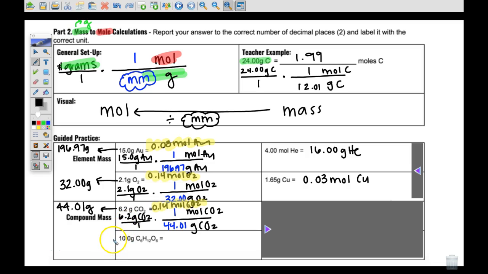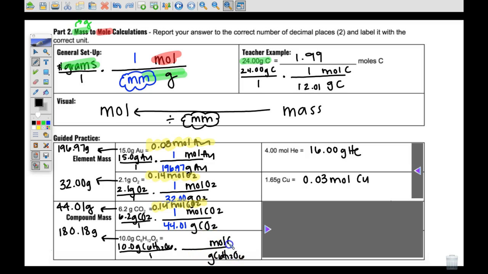We're going to do one more together. So I'm given 10.0 grams of glucose, and just like before in part 1 and in our previous notes, the molar mass of glucose is 180.18 grams per mole. So my first step in converting is to write my given over 1. My next step is to draw my line, and my third step is to pull my unit down.